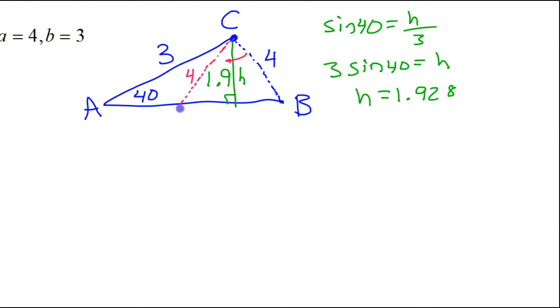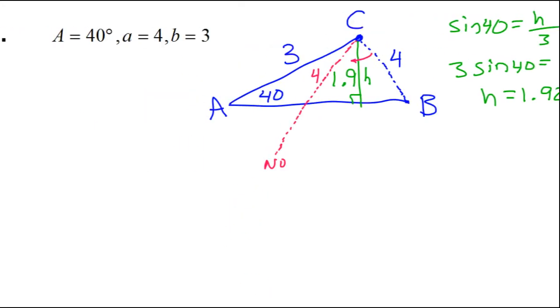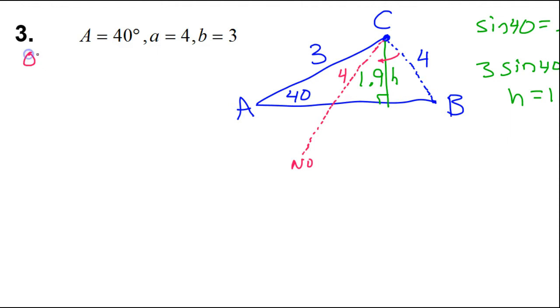So it won't fit in here. It would stretch out and come outside of the triangle. Because the swing side does not fit, that means we only have one triangle that can be formed. So I'm just going to write one triangle.